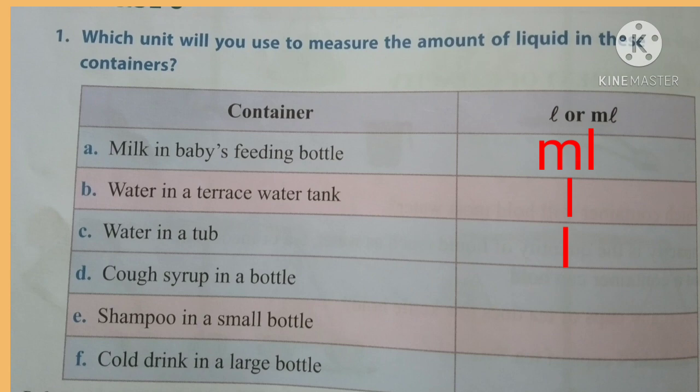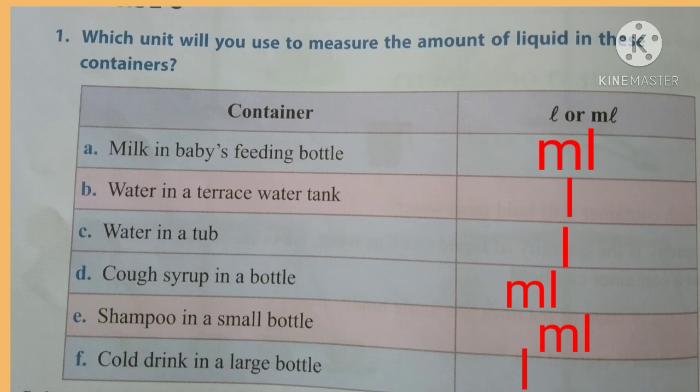We know medicine bottle is a small container, so we can use milliliter. The next one, shampoo in a small bottle. Here also we can use milliliter. The last one, cold drink in a large bottle. We know the unit liter is used to measure the capacity of large containers. So here we can use liter.